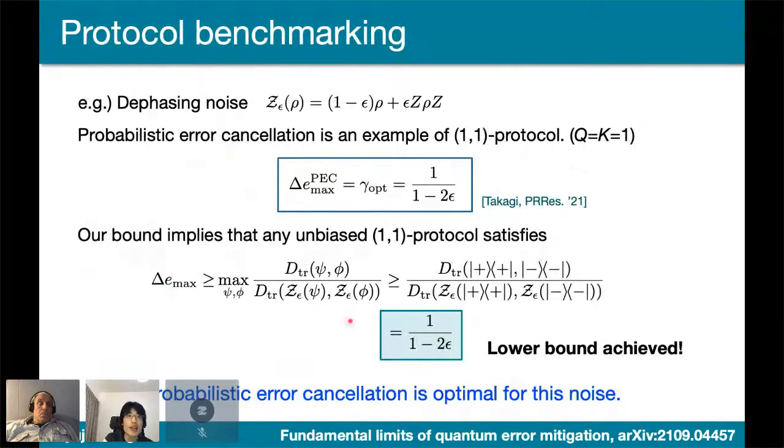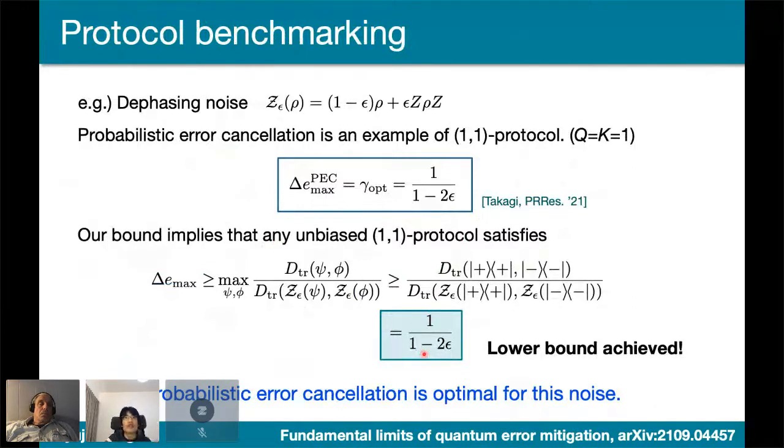I calculate the bound I derived in the previous slide, and you can easily get the lower bound for this as 1/(1 - 2 epsilon). Now if you look at the previous expression, this is the same as this. So this lower bound is achieved by the probabilistic error cancellation performance. This is a way of seeing that the probabilistic error cancellation is actually optimal with respect to our figures of merit for this noise model.